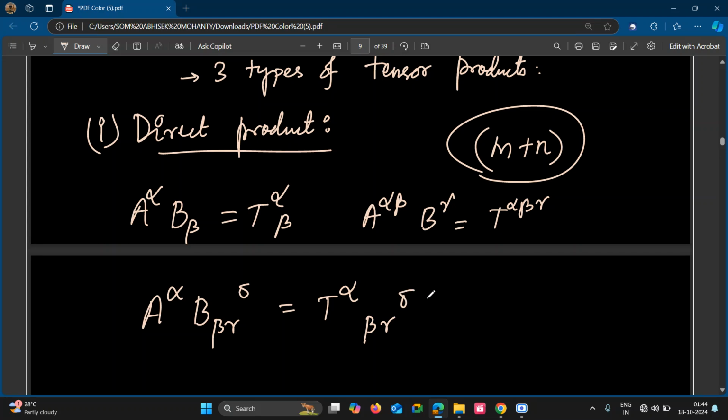Here A alpha and B beta are the same kind of ranks, this rank is not the same, this is rank one. They can be of different types, and we are getting a product. So there is no problem with that. This is called direct product.